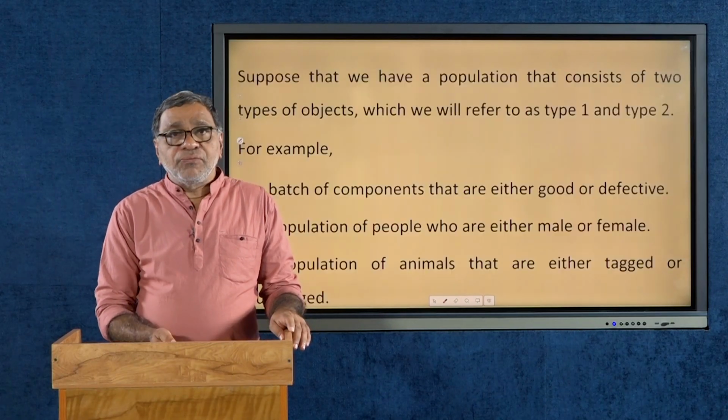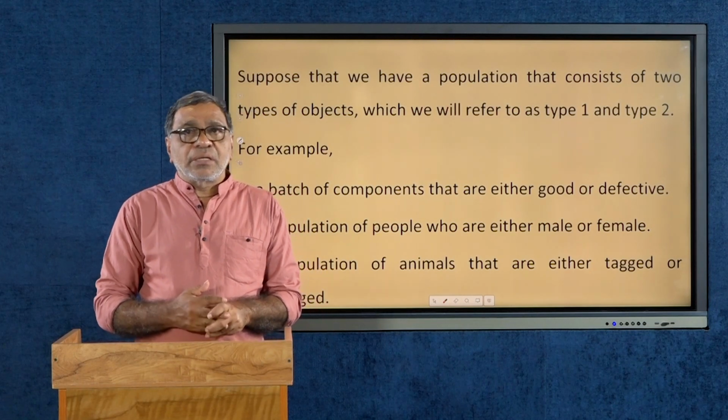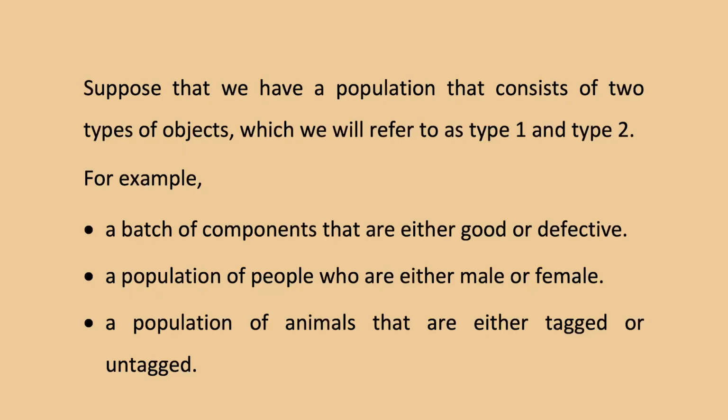It applies when we have a population that consists of two types of objects, which we will refer to as type 1 and type 2.